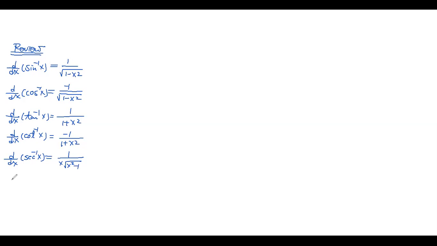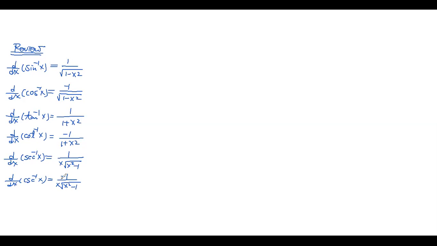Then the last one is arc cosecant x, which is equal to negative 1 over x times the square root of x squared minus 1. So those are the 6 formulas about the inverse trig functions.